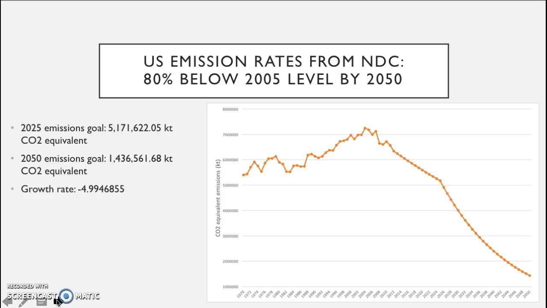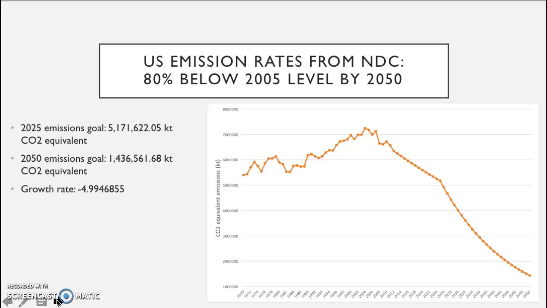And the US didn't really state a 2050 goal in their submission of the nationally determined contributions, so I just went with the broader goal of 80% below 2005 levels by 2025. So I used the 2025 emission goal and then looked at the 2050 emission goal, which is about 1.5 million kilotons CO2 equivalent.